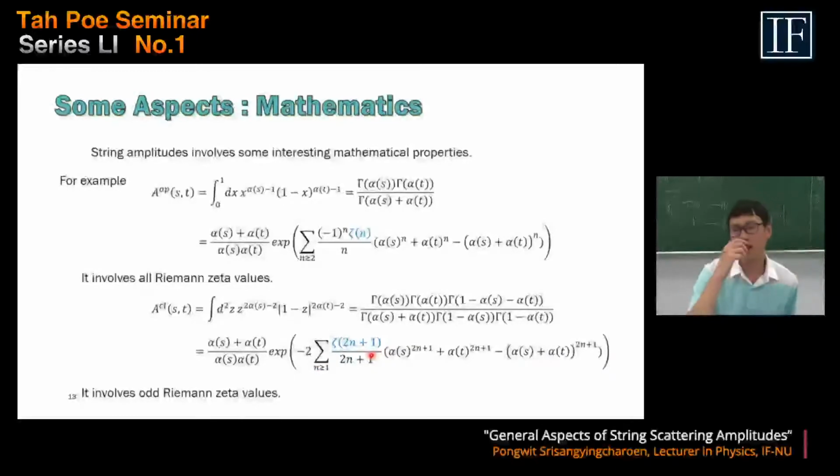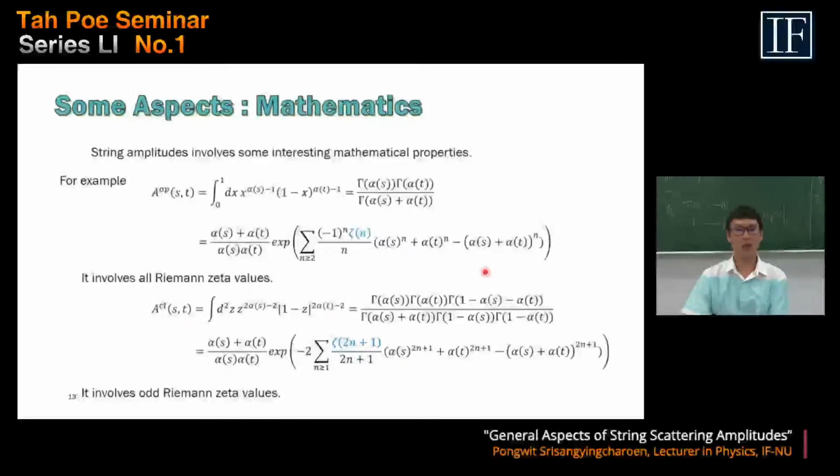So as you can see in this example, even in the simplest situation of string scattering amplitude, which is the 4-point, this string amplitude encodes a special function in mathematics, called the Riemann zeta value here. And from this aspect, mathematicians have a conjecture between open string and closed string in a mathematical way.